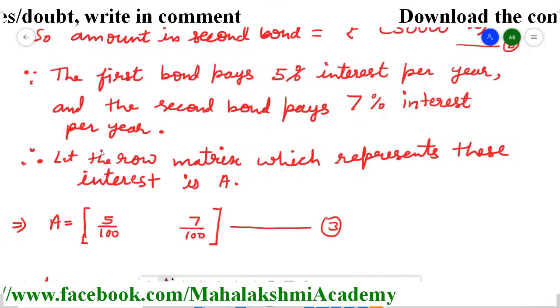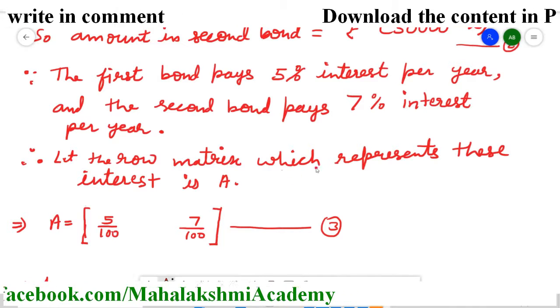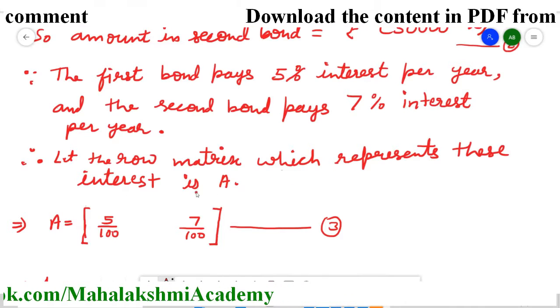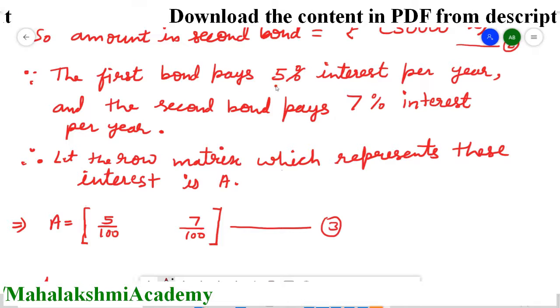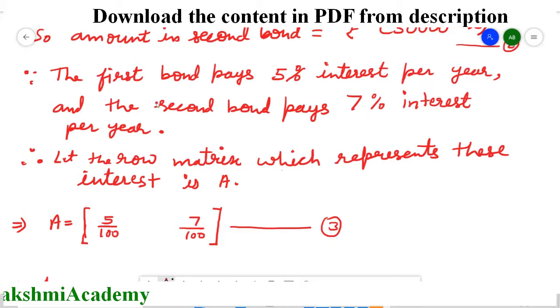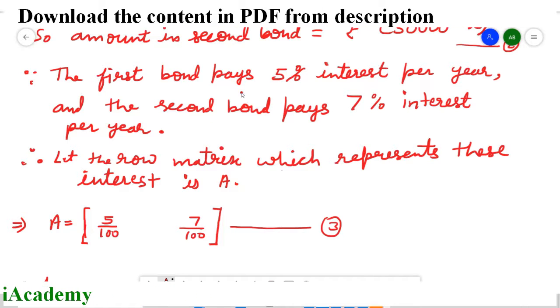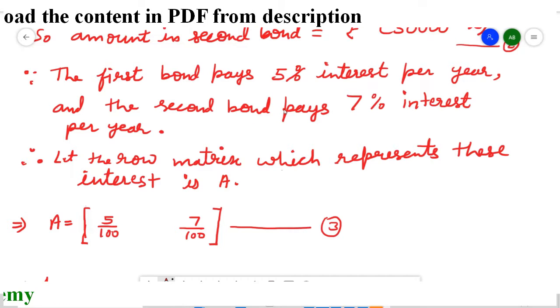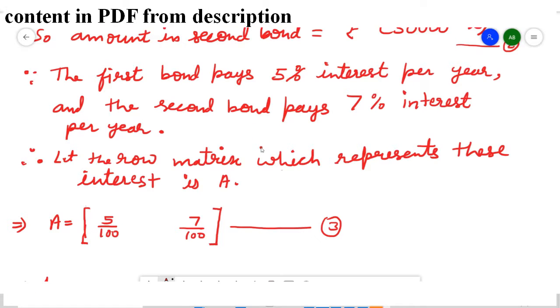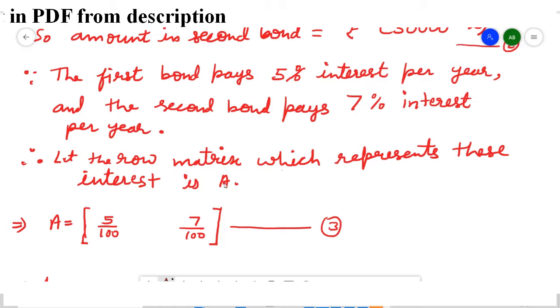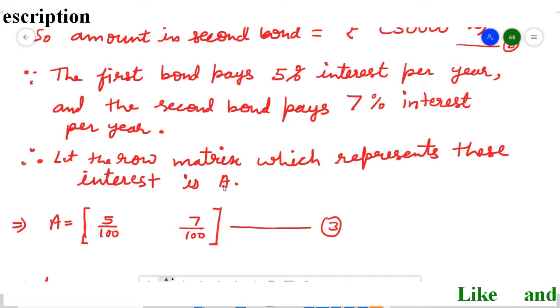So let the row matrix which represents these interests be A. Whatever information is given to us is theoretical information. If we want to convert this theoretical information into a matrix, that matrix I assumed as matrix A, which gives us the information about the interest.